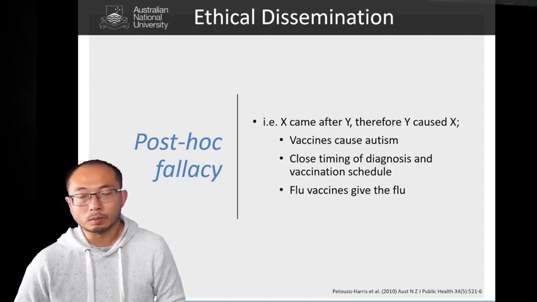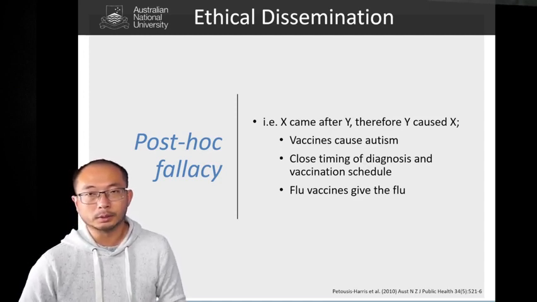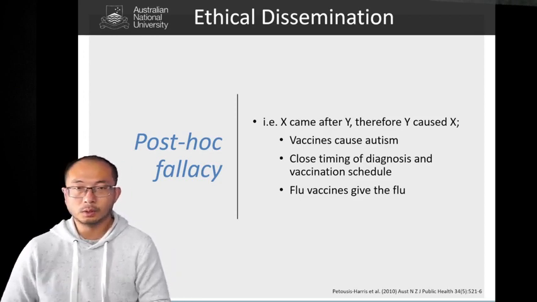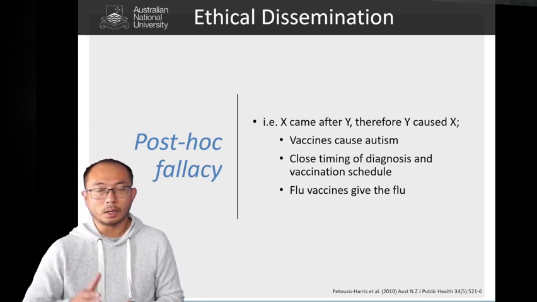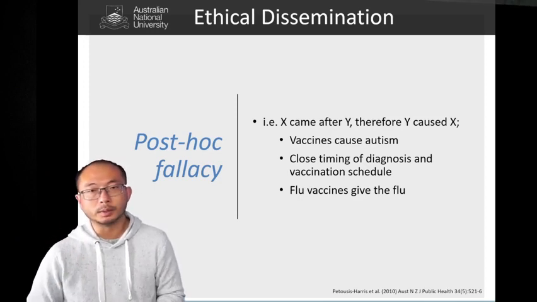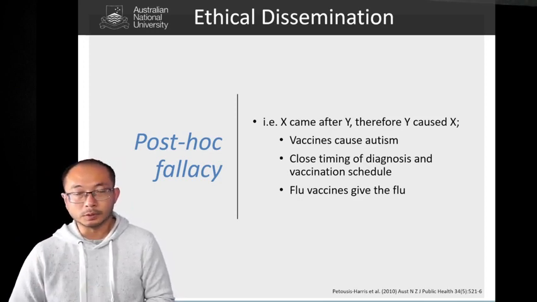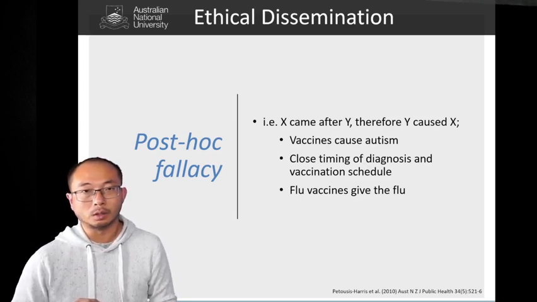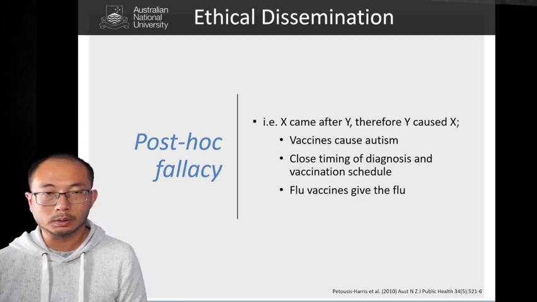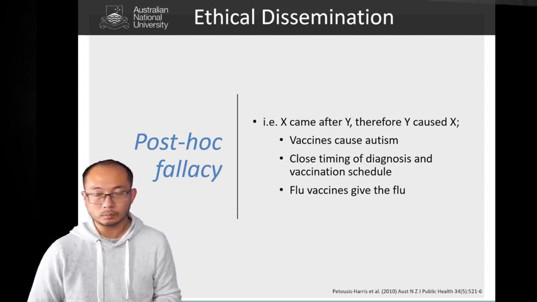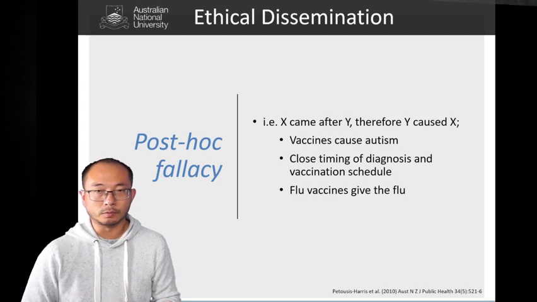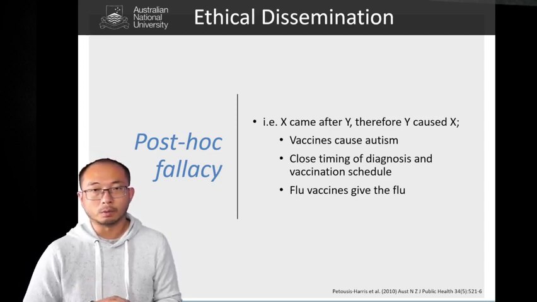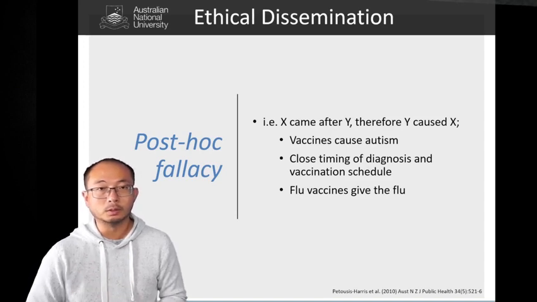This is an issue with timing and coincidence. When the flu vaccine is given, it could coincide with illnesses that come from other sources. Could be hay fever, could be other types of colds that are not part of the flu vaccine cocktail.